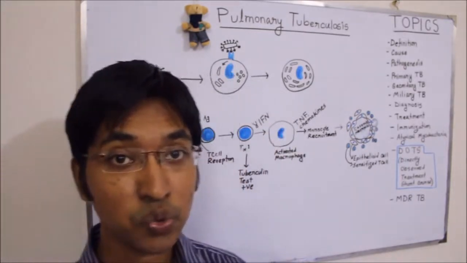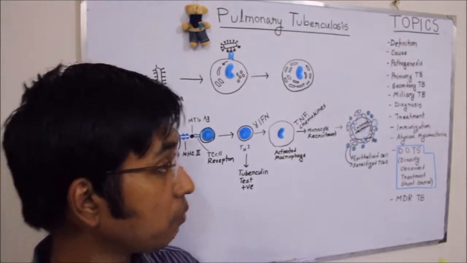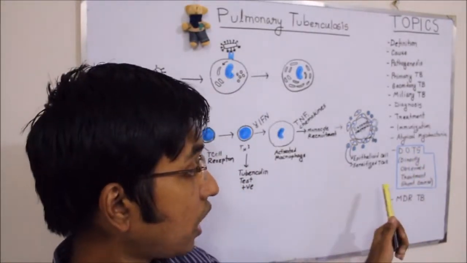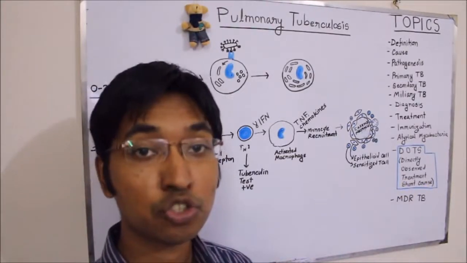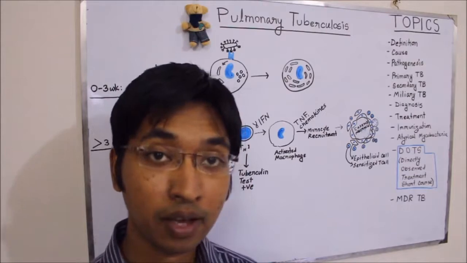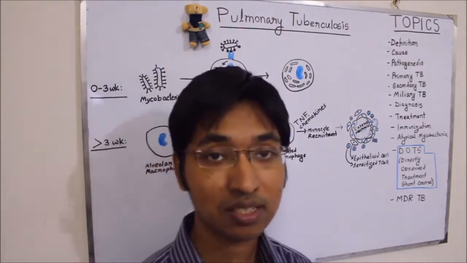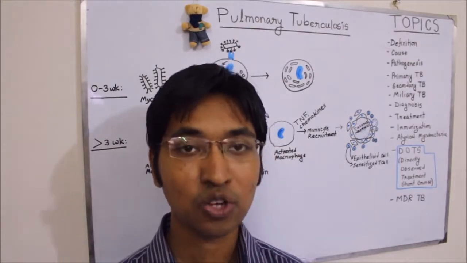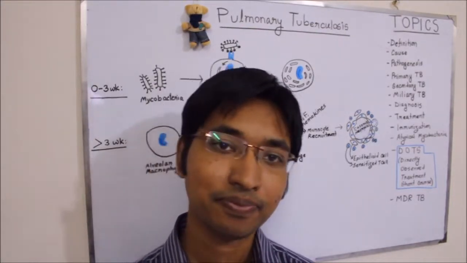And at the end, we will also discuss briefly about some atypical mycobacteria, the directly observed treatment short course, which is also known as the DOTS therapy, and multi-drug resistant TB. Okay, so a lot of topics, so let's begin.